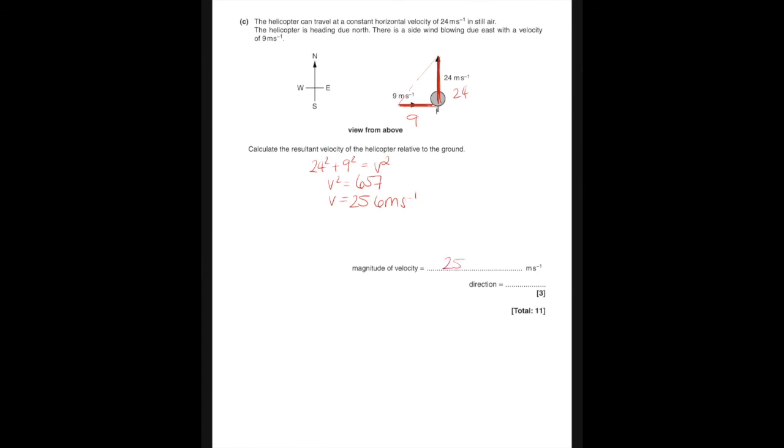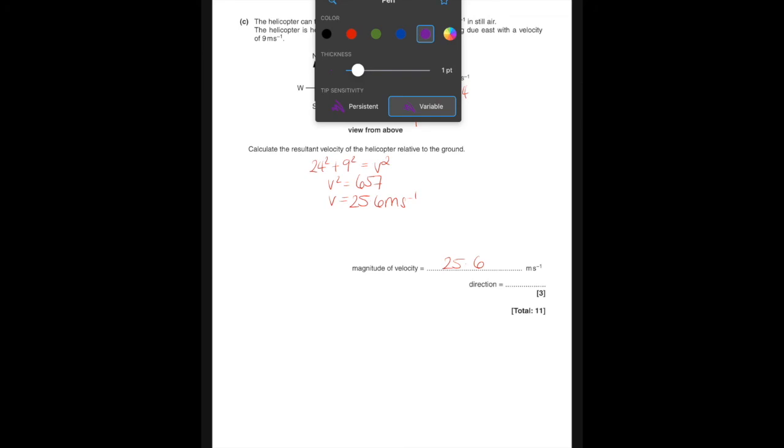Then once again, you are asked for a direction. This time reference is made to the fact that the helicopter is heading due north and the wind is blowing due east. Now as I said, the normal bearing would be to the north. So here is north, and that is what would normally be considered the bearing.